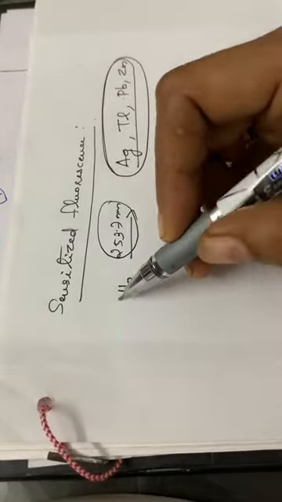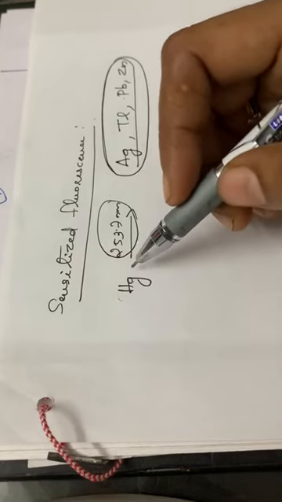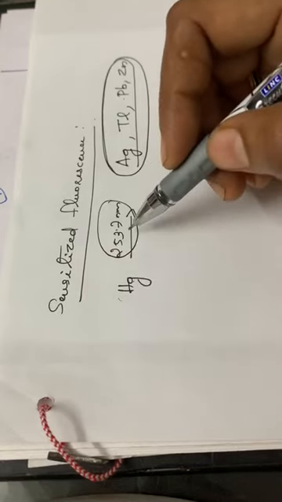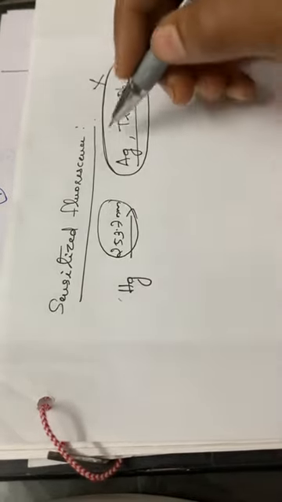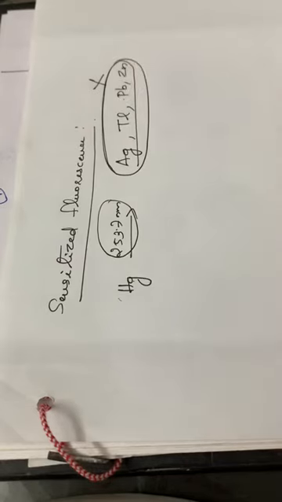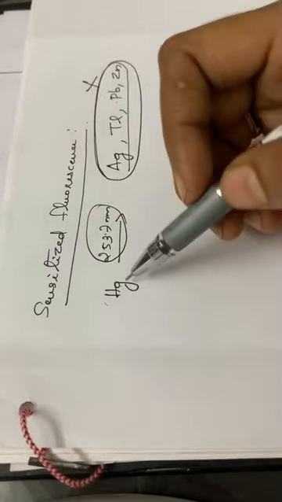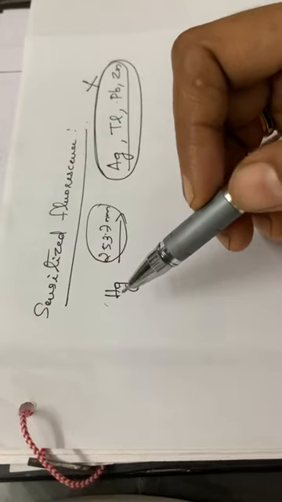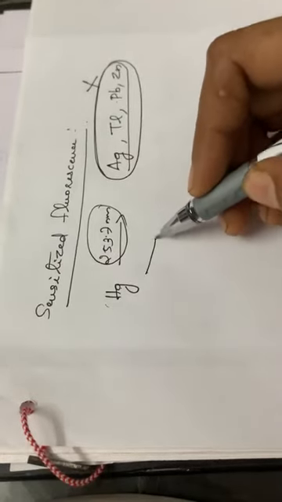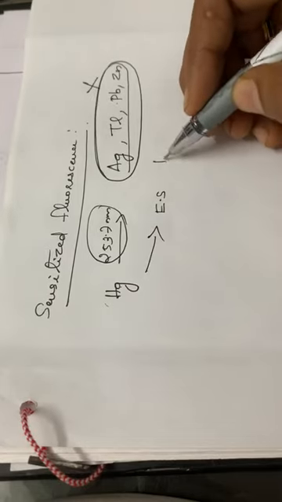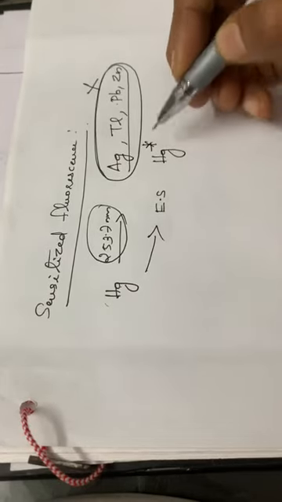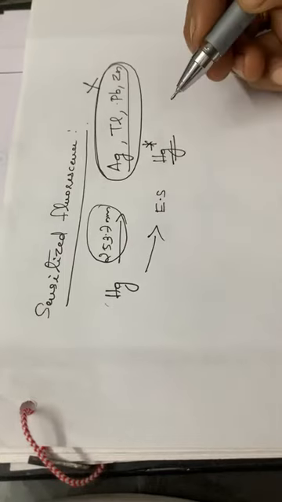Only mercury has the capacity to absorb this radiation. So mercury will absorb this energy and move to the excited state, that means it becomes Hg star.